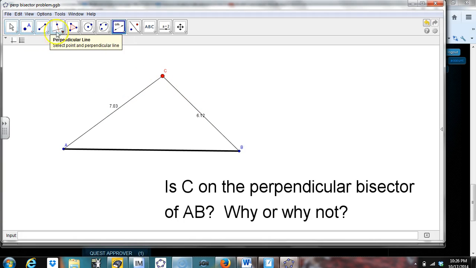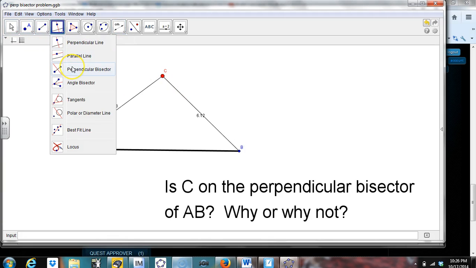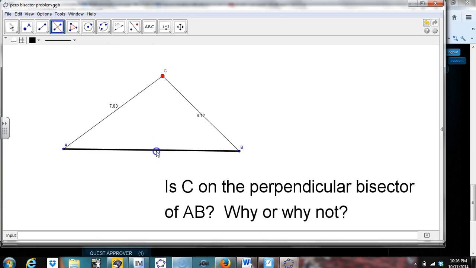Also, we could have grabbed our perpendicular bisector tool and just clicked on the segment, and we can see that it's not on there also. And watch as I put a point on the perpendicular bisector.